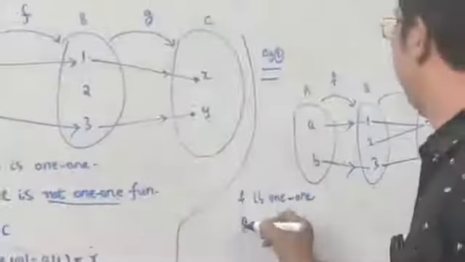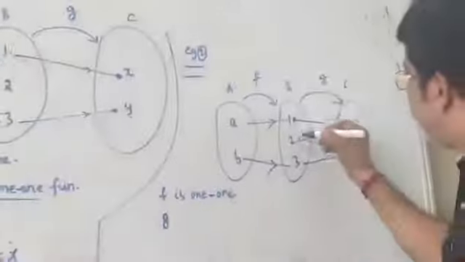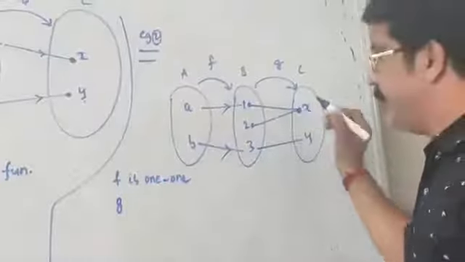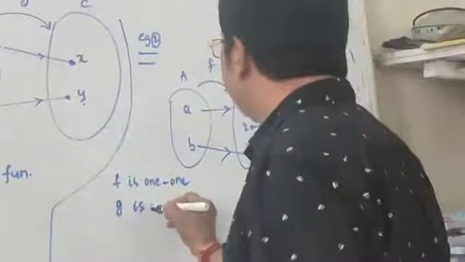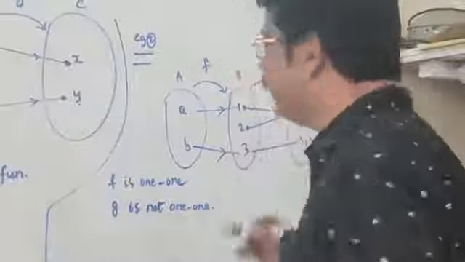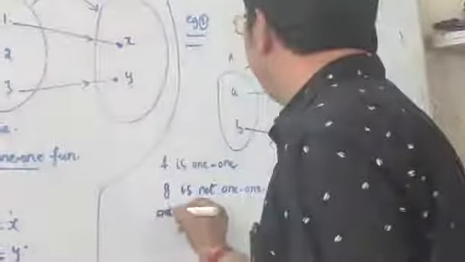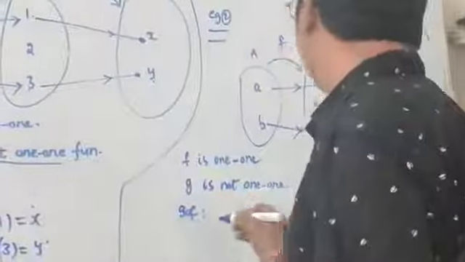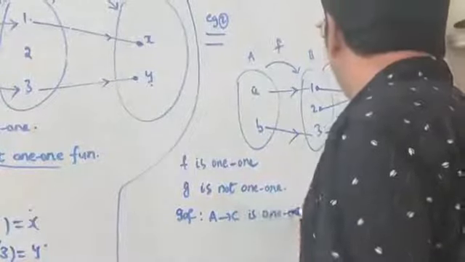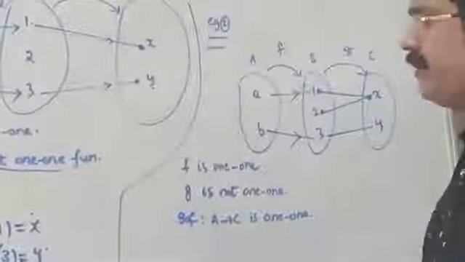Here in G, different elements are mapped with only 1 element. Therefore G is not one-one function. Next, clearly G circle F from A to C is a one-one function.